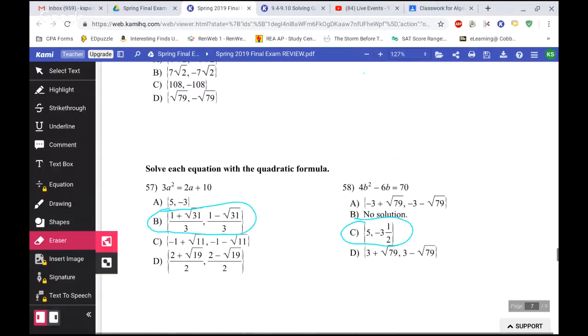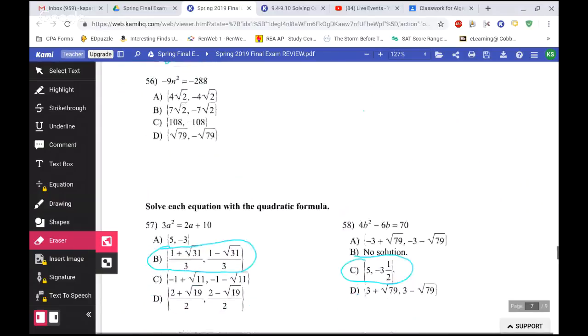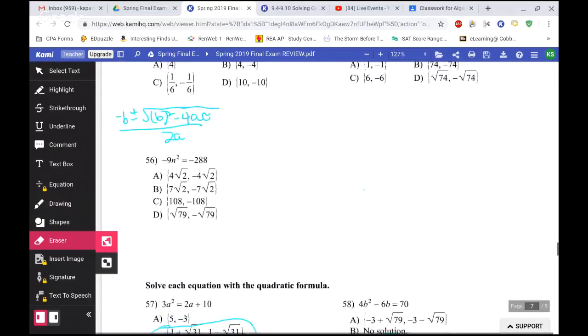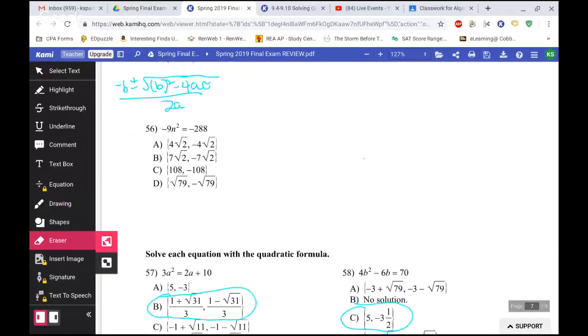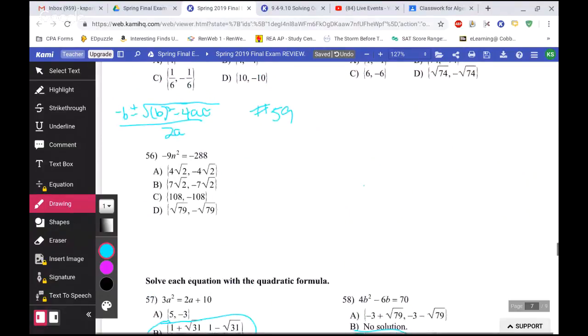Thank you. All right, so let's do 59. Maybe the lack of perfect squares will help y'all at least decipher the plugging in and that kind of thing. So 5x squared minus 5x equals 100.